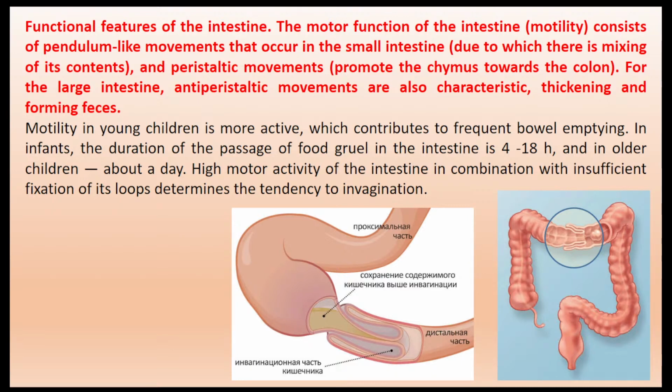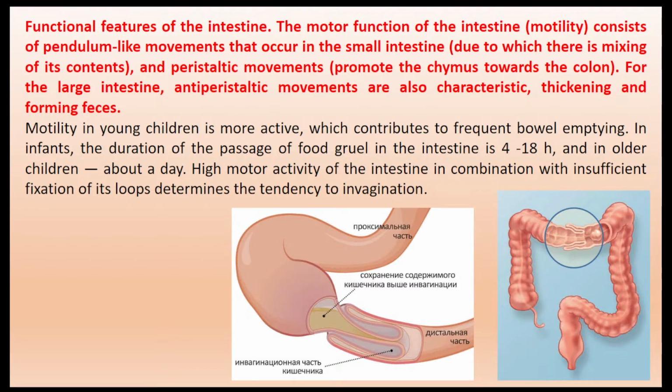Motility in young children is more active, which contributes to frequent bowel emptying. In infants, the duration of passage of food gruel through the intestine is 4 to 18 hours, and in older children, about a day.